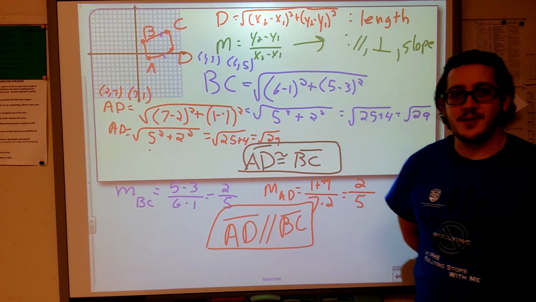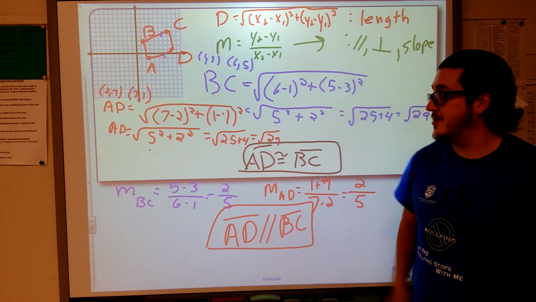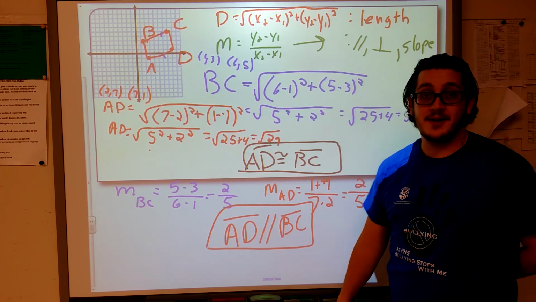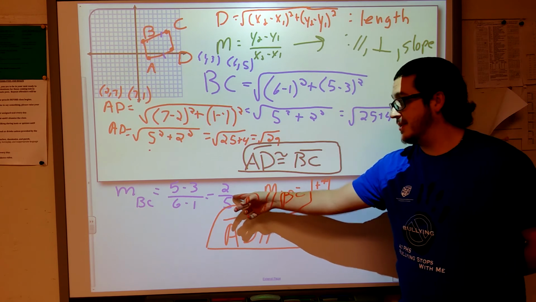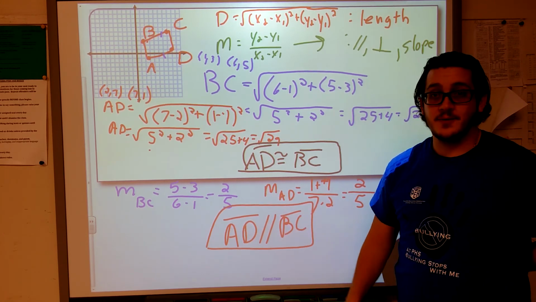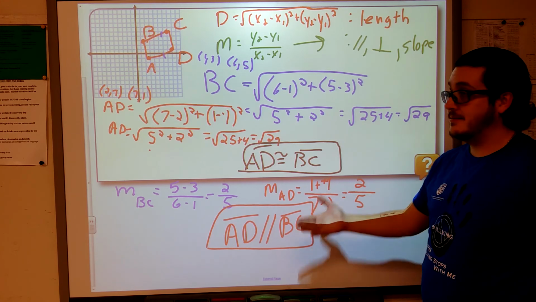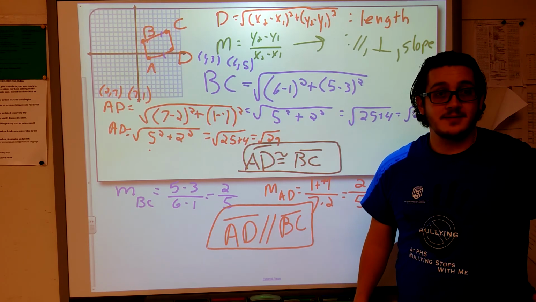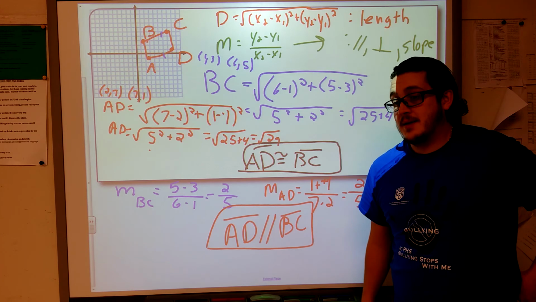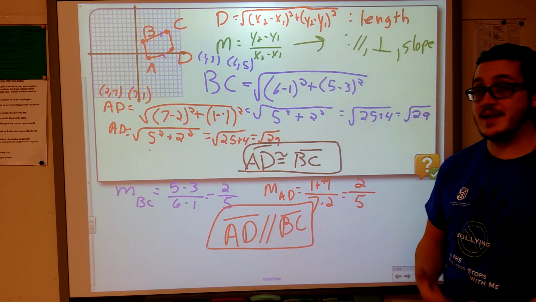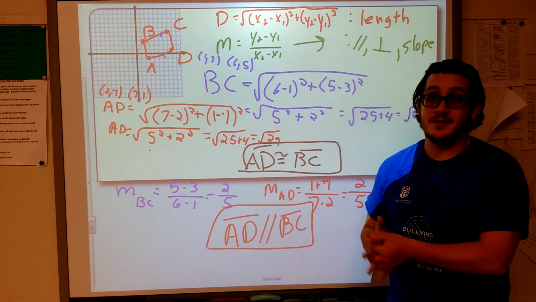You're asking, do I have to do all this work every time? Well, pretty much. I mean, you can show both sets of opposite sides are parallel. Just do the slope formula 4 times. That would work as well. But you have a lot of different options, so take which ones you will. Now, if the directions ask you to do it one specific way, you have to do it that way.